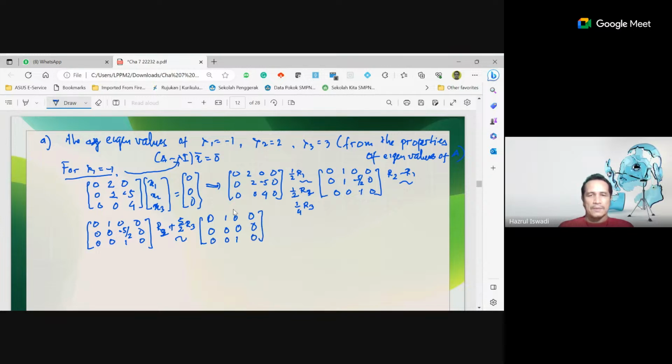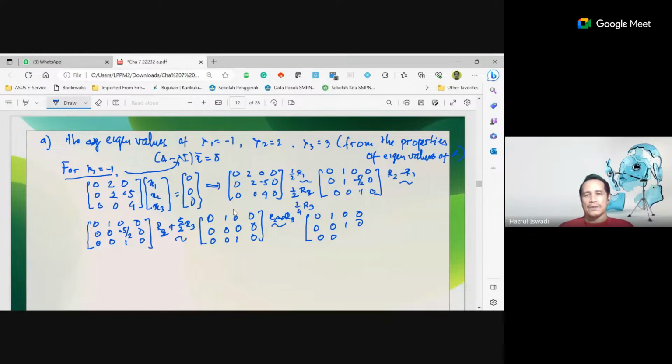Yeah, because we add 5 over 2 to minus 5 over 2. And switch R2 by R3. We have 1, 0, 1, 0, 0, 0, 0, 1, 0, and this is the zero row. Okay, let's interpret this matrix. We stop here because this is already a row echelon matrix.